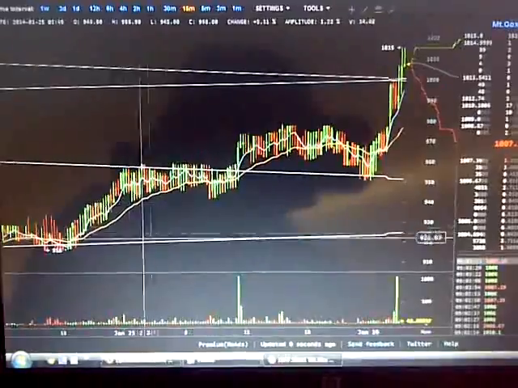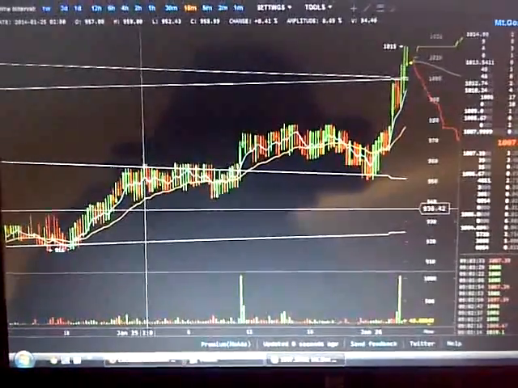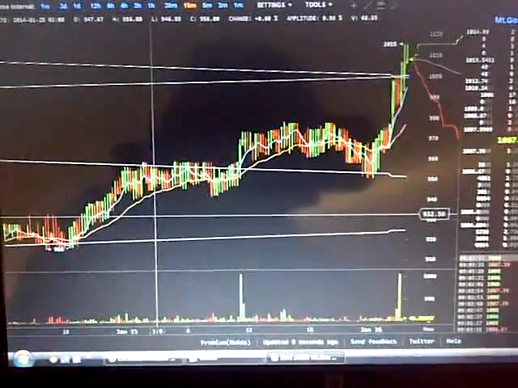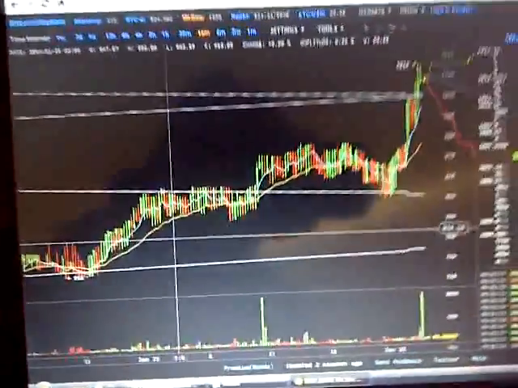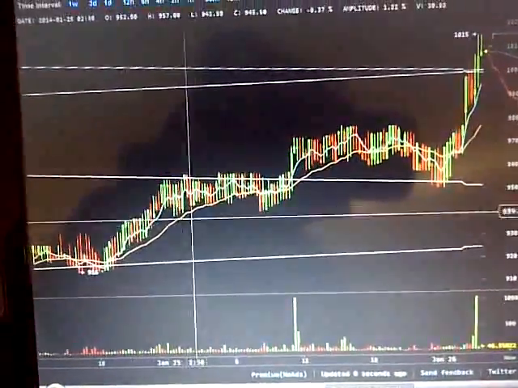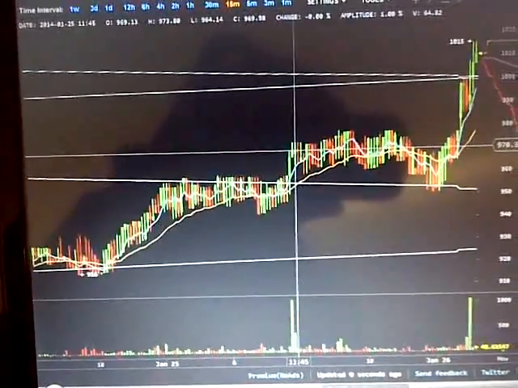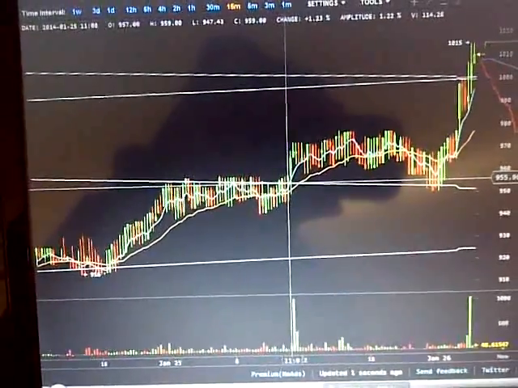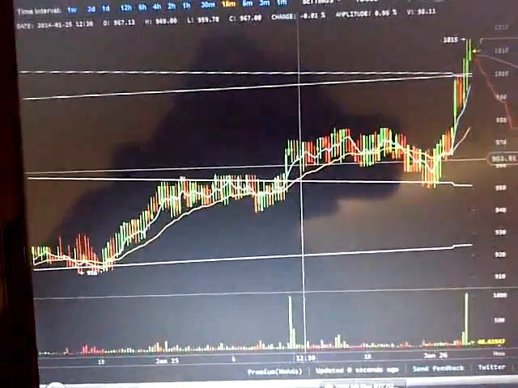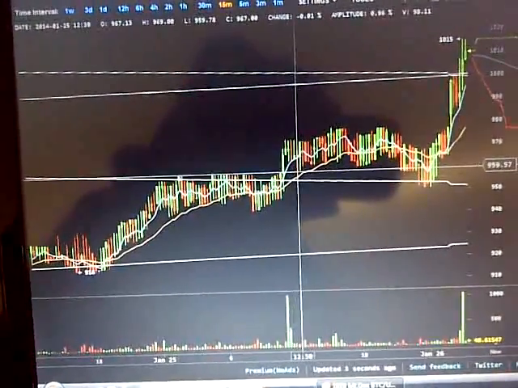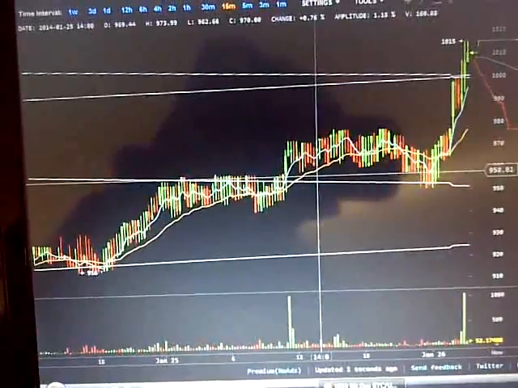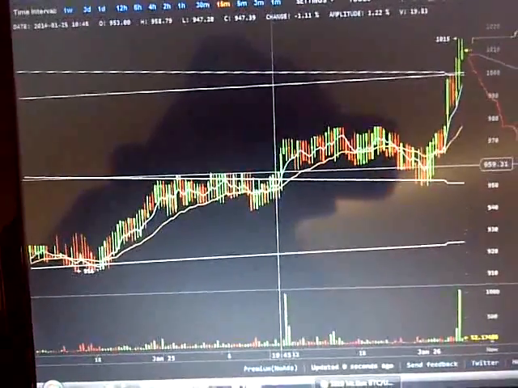For example, this is an example of a breakout trade. It hit here, it bounced, it popped back up, and someone might know that this is a breakout and it's starting to consolidate. So they might put a buy order right here.